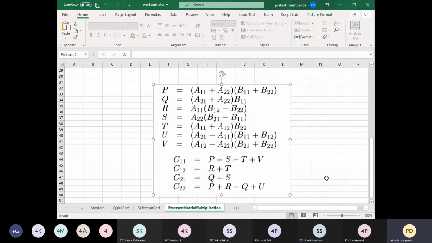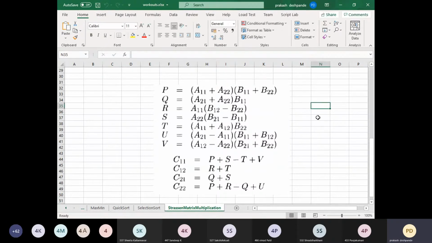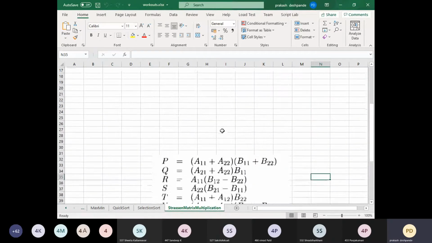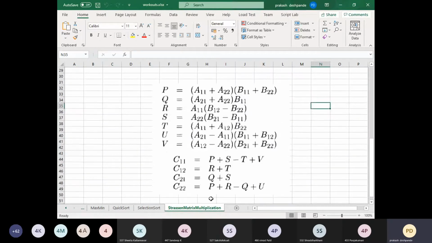That means if we make use of these formulas, we can calculate the multiplication of two matrices and arrive at the solution. But you may think, sir, for a human being the traditional method is much simpler, and this looks more complicated. Do you agree with me? Yes, sir.